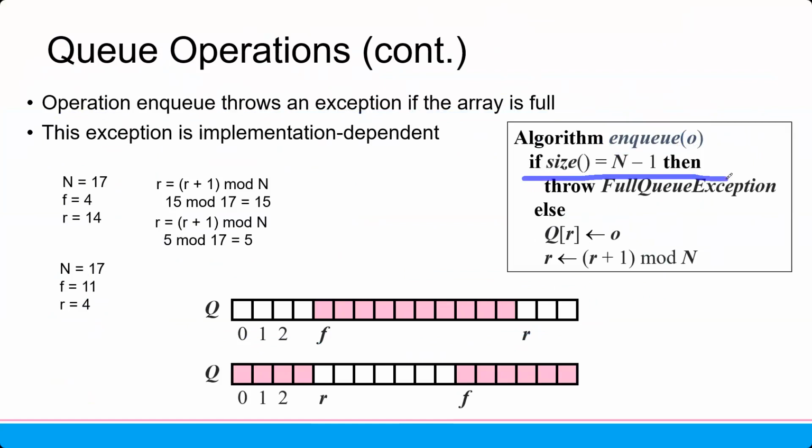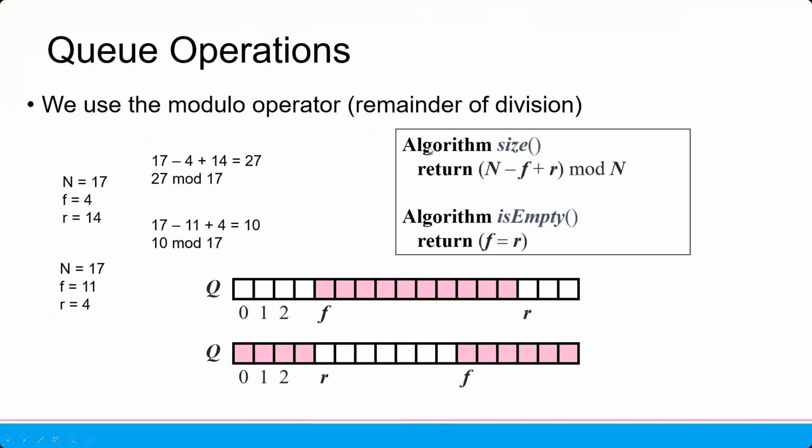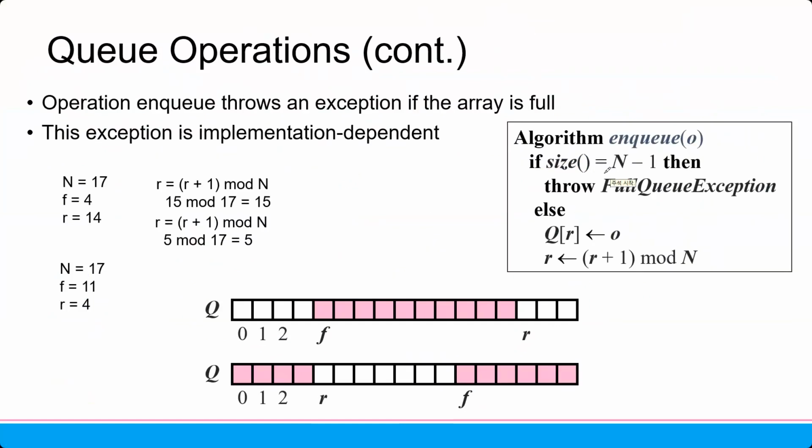This is the exception. If the size equals N minus 1, then we raise the exception, so we cannot put any element in the queue.